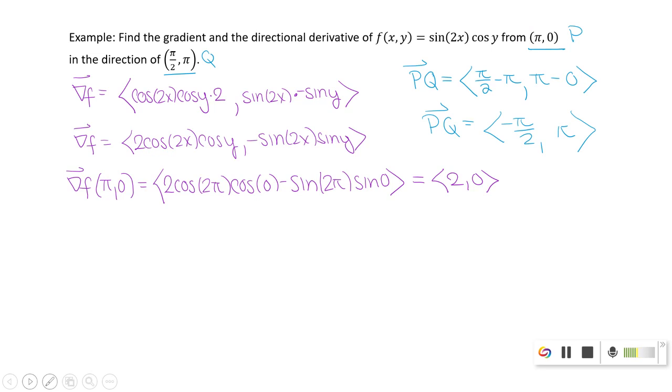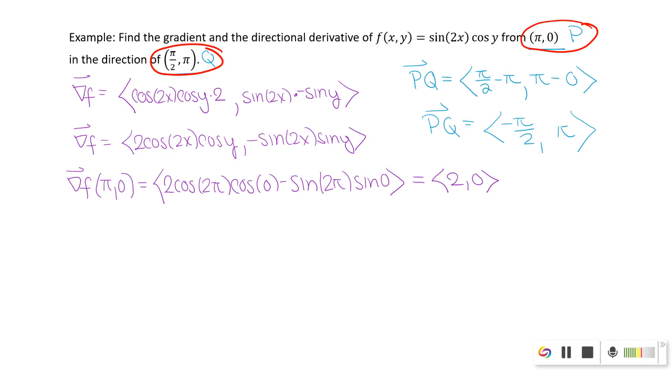And then, finally, I want to figure out, okay, what is my direction vector? So in what direction are we finding our derivative? I'm going to call that vector PQ. So we're starting at point P, and we're going in the direction of point Q. So vector PQ, if I take terminal minus initial point, I get the vector (negative pi over 2, pi).